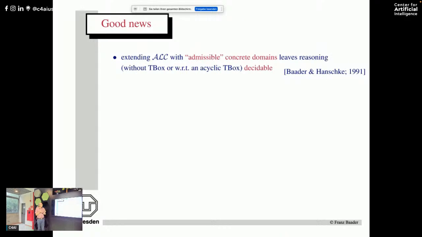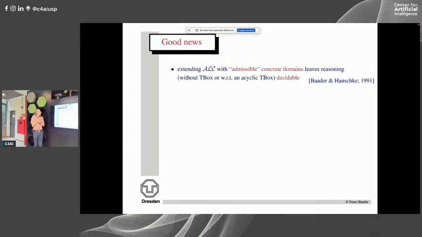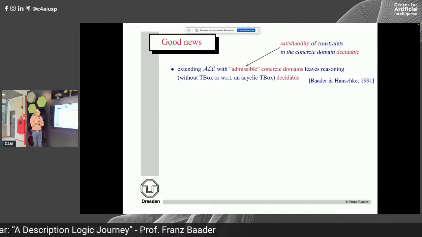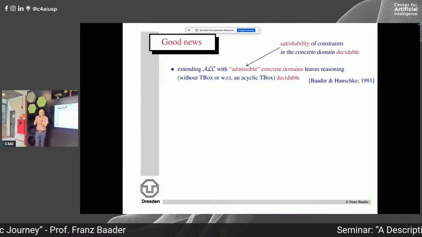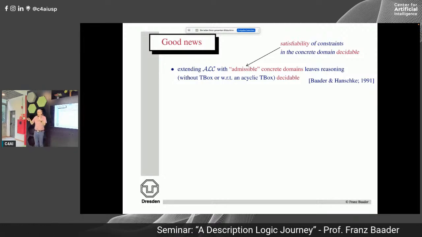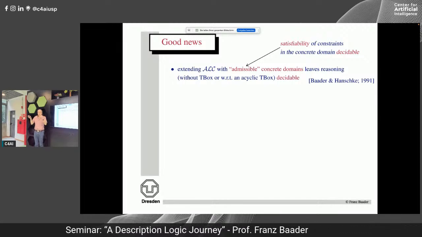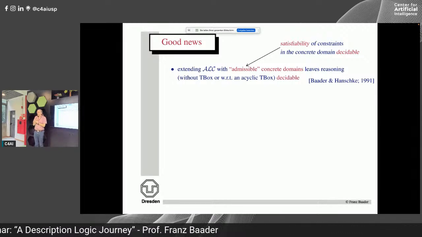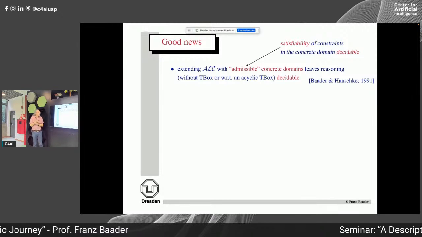And the good news was that we could show that extending ALC with nicely behaved, admissible concrete domains leaves reasoning decidable, in the setting without a T-box or with respect to an acyclic T-box, which was the kind of T-box usually considered then. Admissible just means that reasoning in the concrete domain is decidable. Because in the description logic integrating the concrete domain, of course, you can also express what happens in the concrete domain, so you need this to be decidable at least.